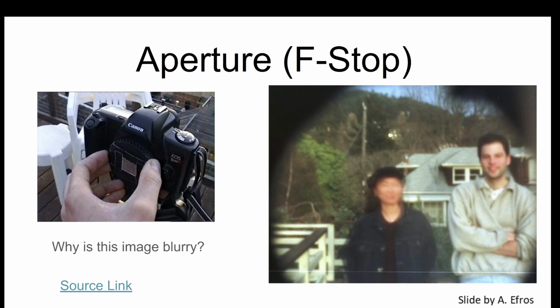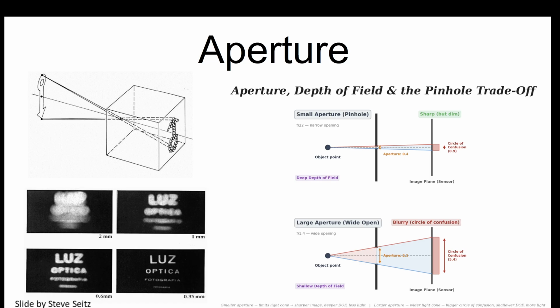Is the pinhole too close to the sensor? It has to do with depth of field and the pinhole trade-off. You're getting there, right? So we talked about this being the center point. This is the image plane. The light is coming in.